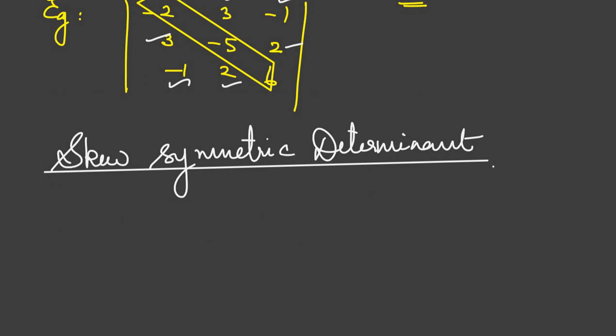Next, skew symmetric determinant. If D transpose is equal to minus D, then we say the determinant is a skew symmetric determinant, and Aji is equal to minus of Aij.